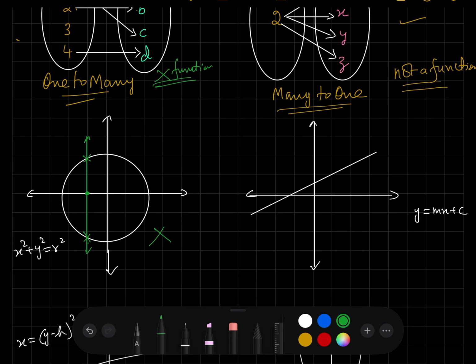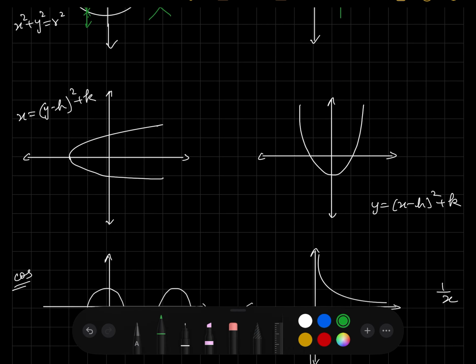Now let us see here. This is intersecting at just one point, so this is a function. Here if I draw a vertical line, it intersects at 2 points, so this is not a function. Here it intersects at only one point, so this is a function.